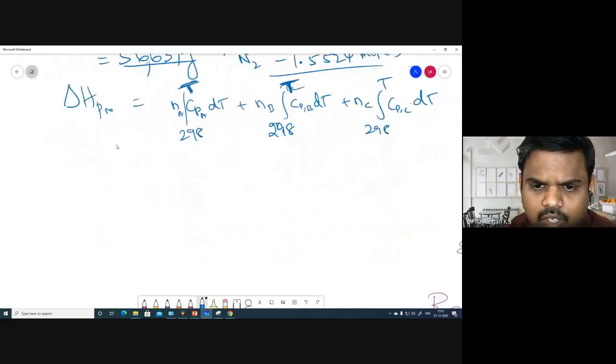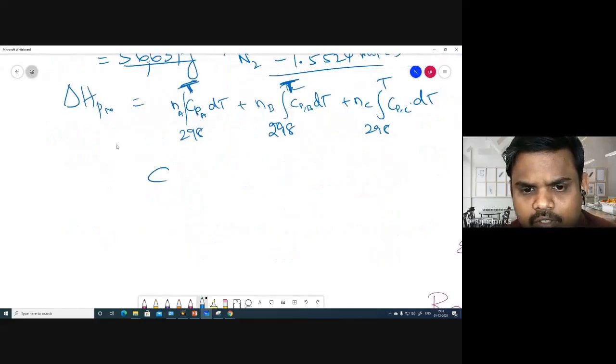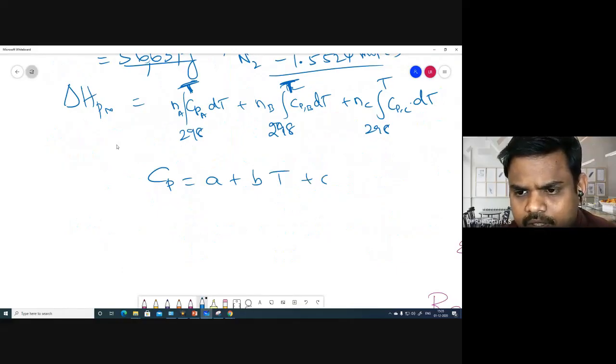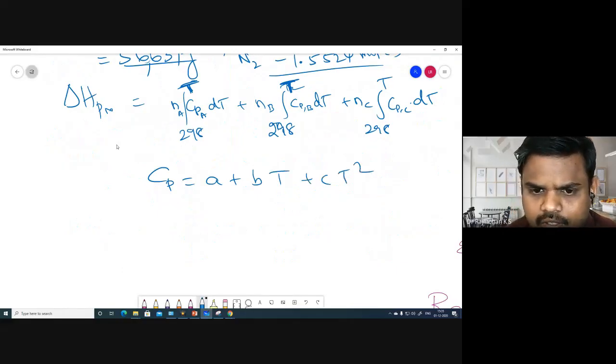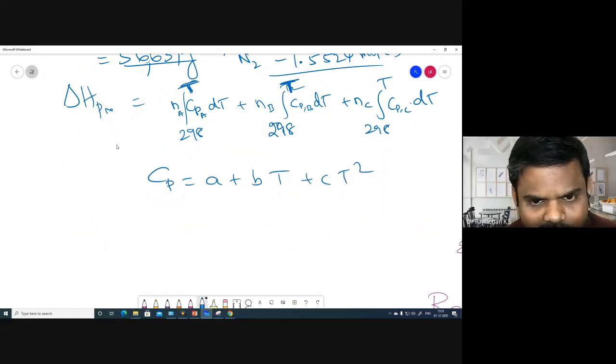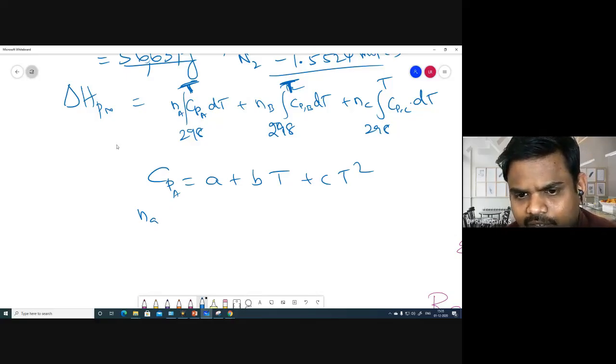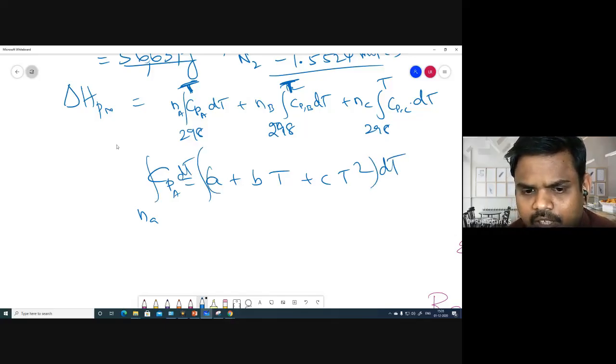Okay, so in what form are our Cp given? Cp is equal to A plus BT plus CT square, it is given. So what can we do? We can do the integral, right? So if you do it for Na CpA, we have already seen that if we integrate Cp dT, what will be the result?